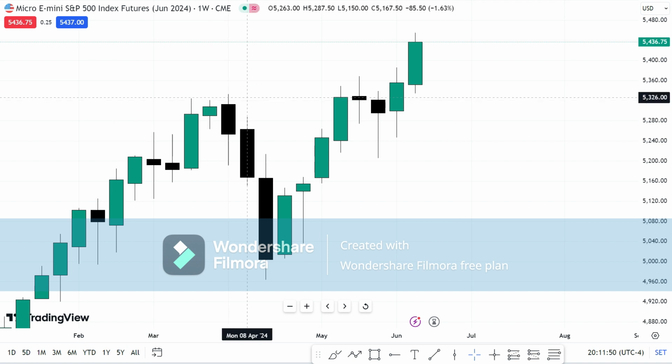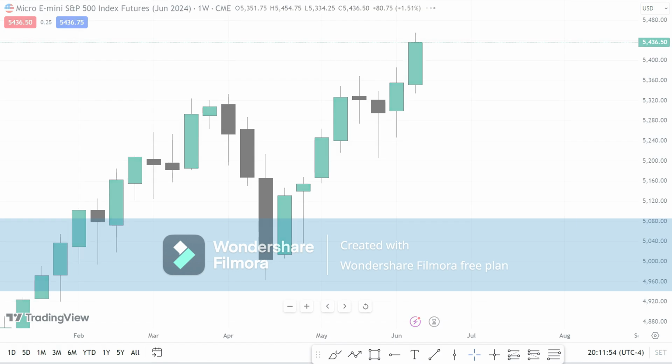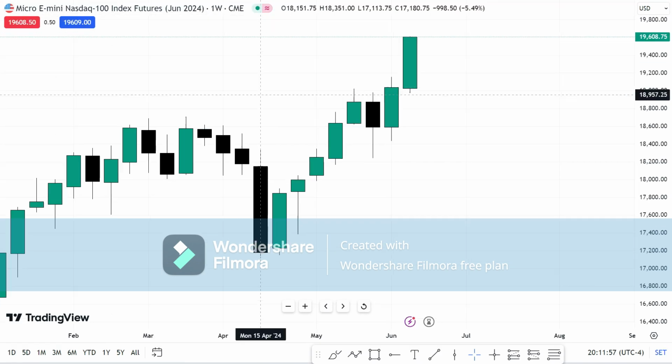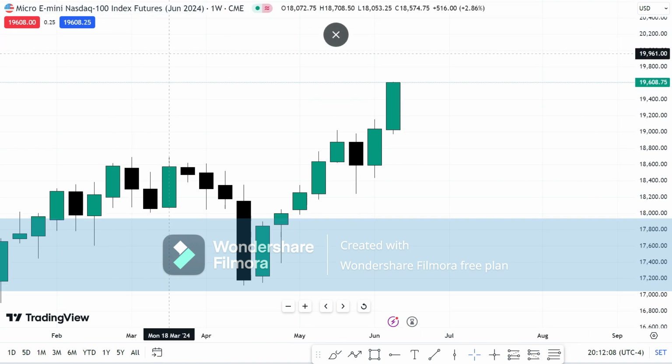With the micro Nasdaq June contract, one handle, one point, is 2 US dollars instead of 20 US dollars.